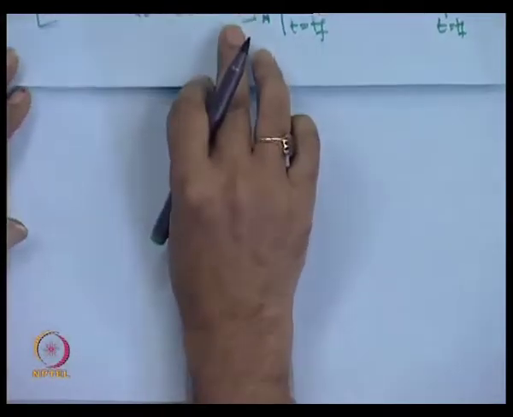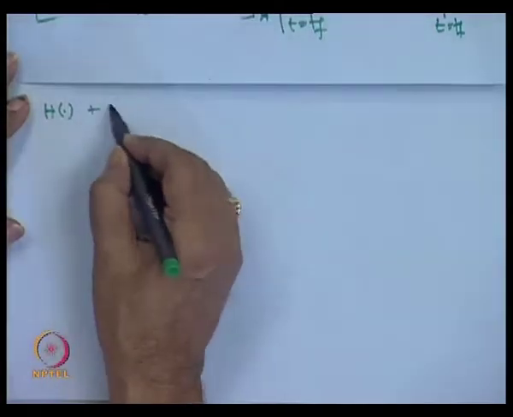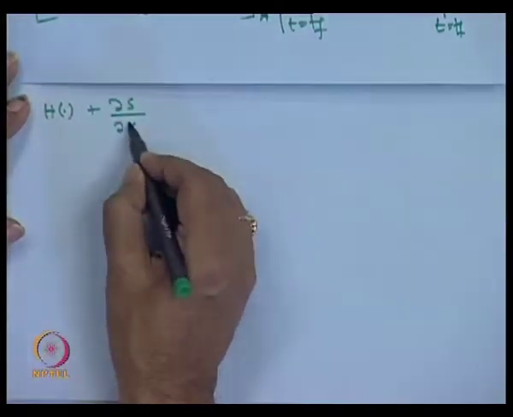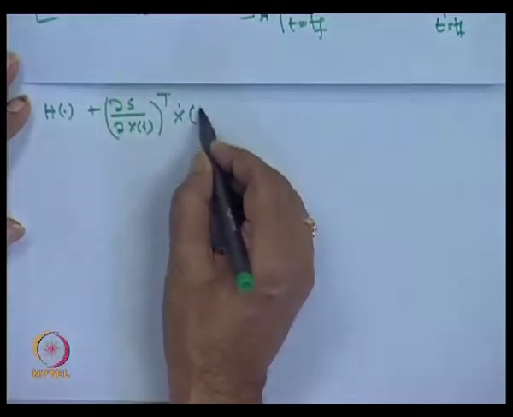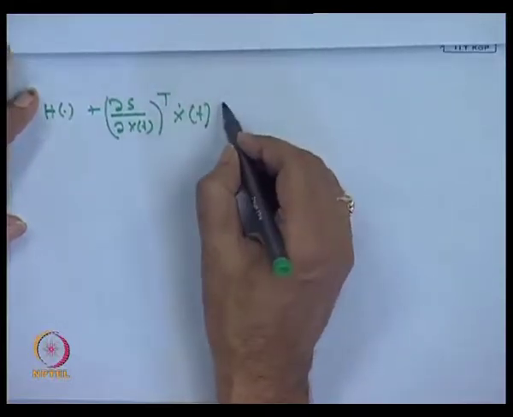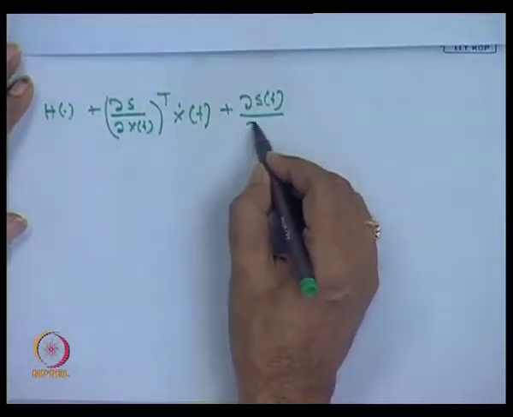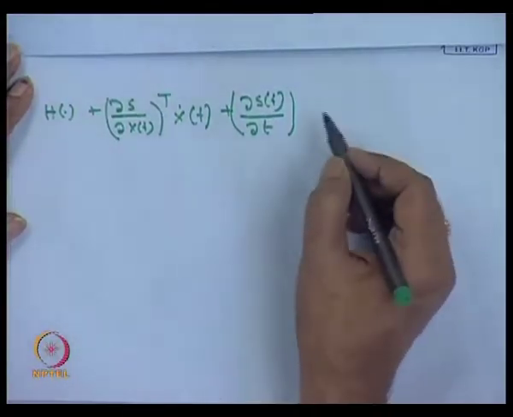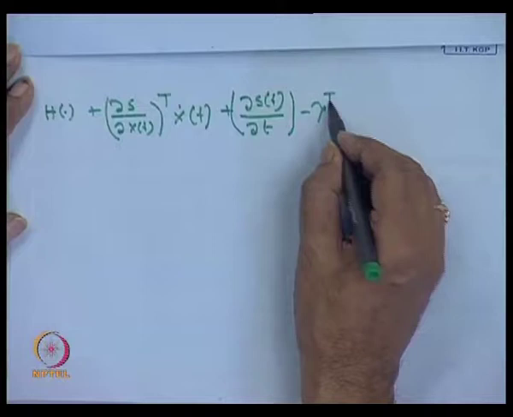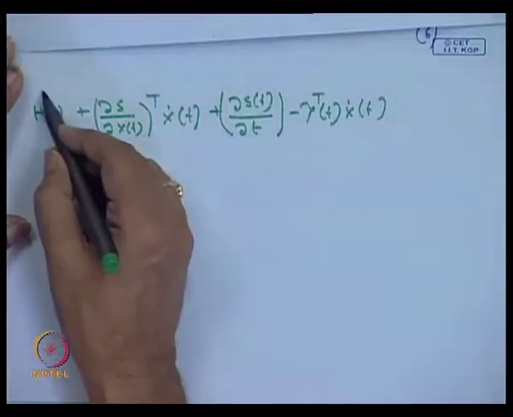So if you write this, L is nothing but H plus del S del x of t whole transpose x dot of t, plus del S of t del t, minus lambda transpose of t x dot of t. So I have written this in place of L.